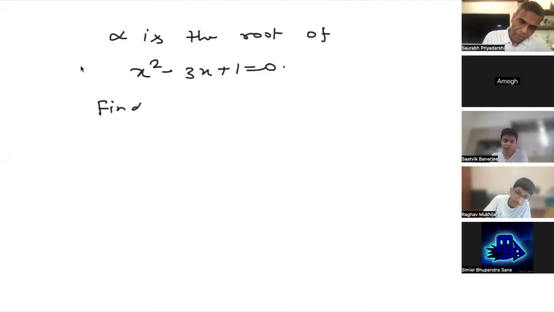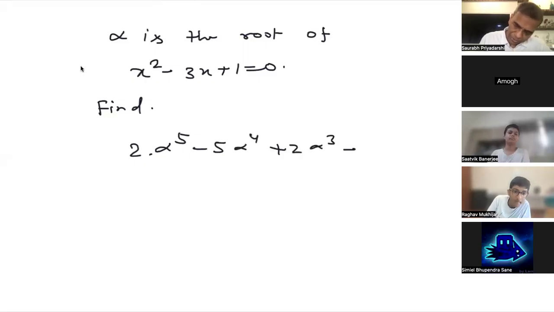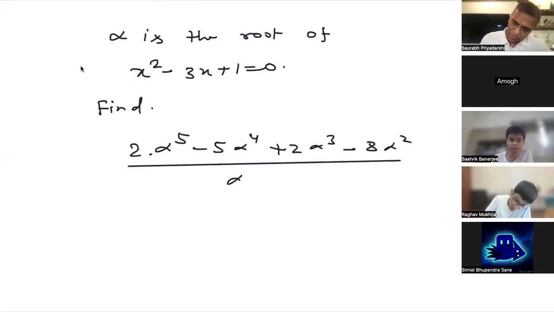Find the value of 2 alpha to the power 5 minus 5 alpha to the power 4 plus 2 alpha cube minus 8 alpha square upon alpha square plus 1. You all have 4 minutes for this question. Your time starts now.